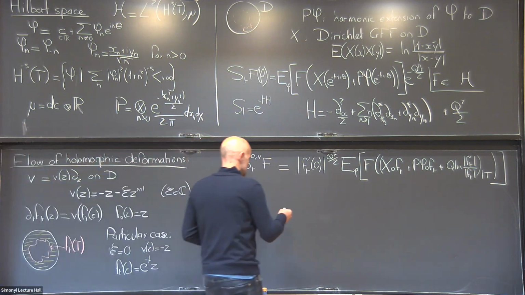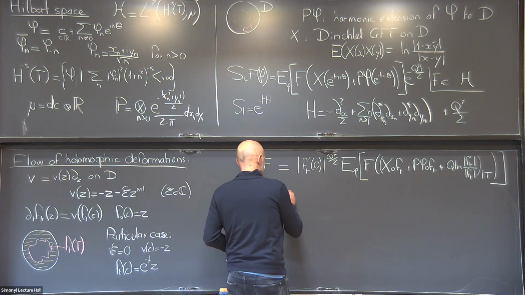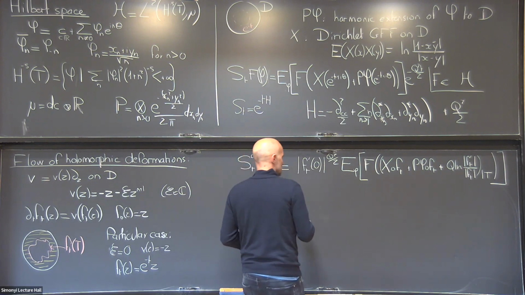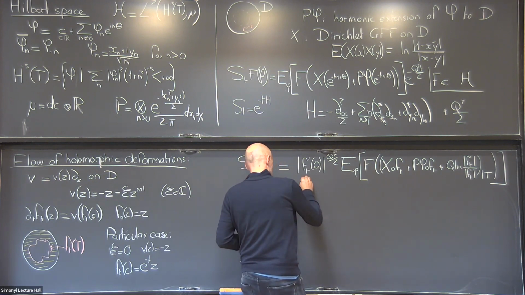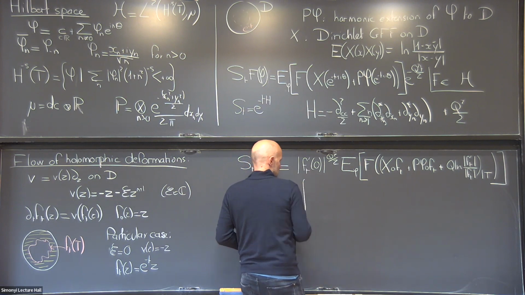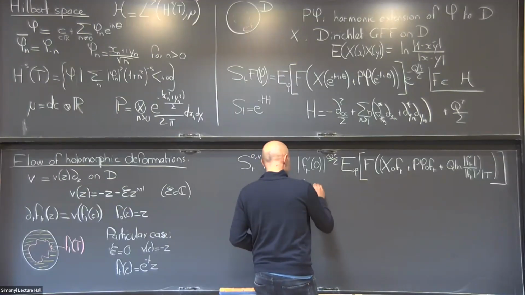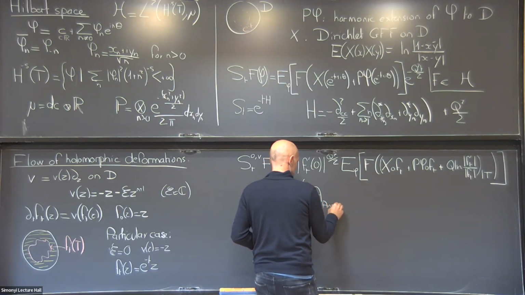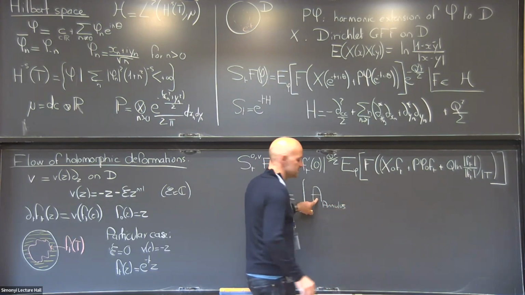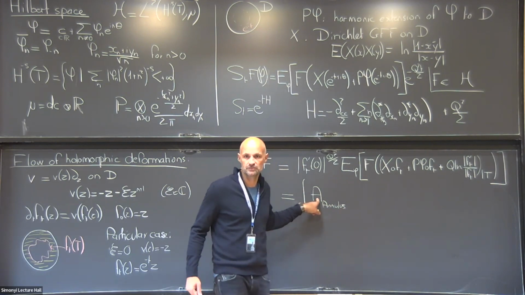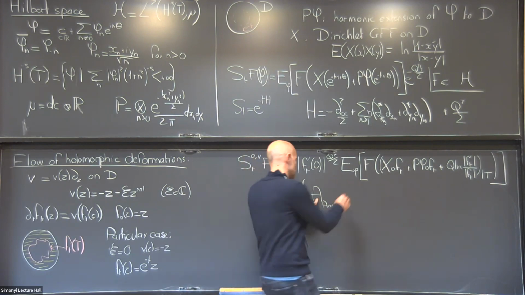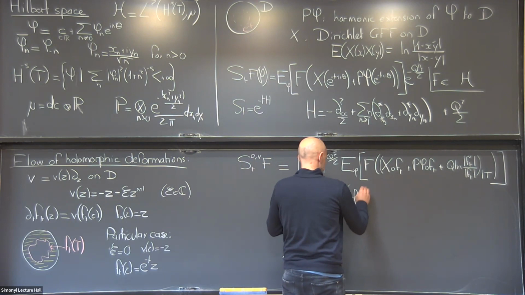It's not the same. So basically, okay, I'm making a stop. So A means amplitude. Amplitude is a conditioned path integral. Let me just write this for the moment.